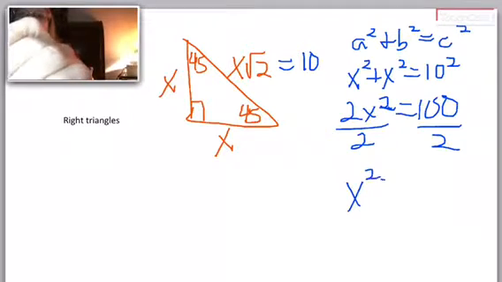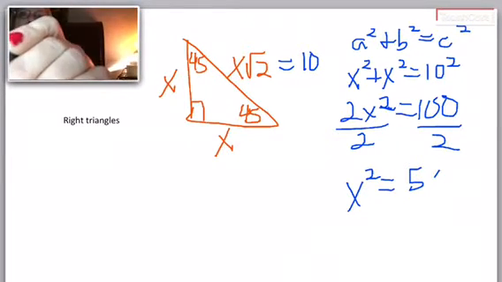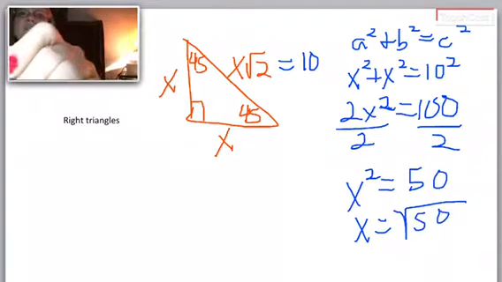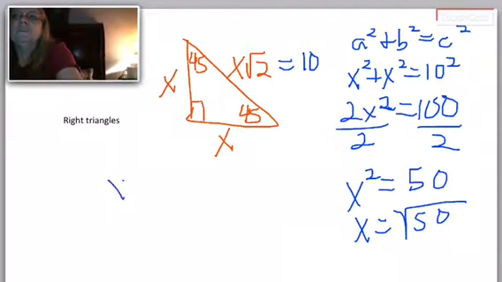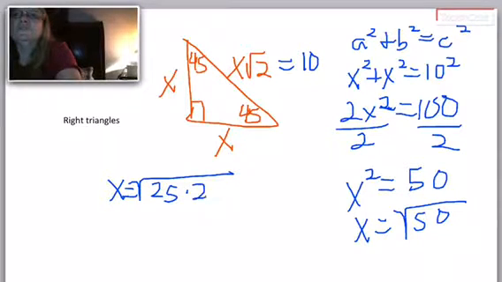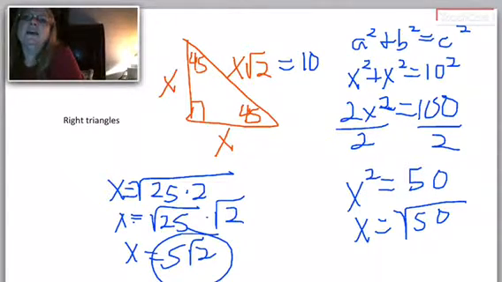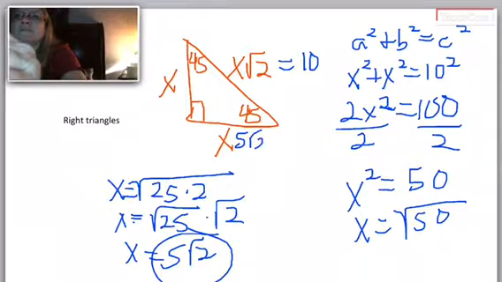I get x squared is equal to 50. So x is equal to the square root of 50, which is the square root of 25 times 2, or x is equal to the square root of 25 times the square root of 2, or x is equal to 5 times the square root of 2. Okay, so if the hypotenuse, x times the square root of 2, is 10, the other side, x, is 5 times the square root of 2.